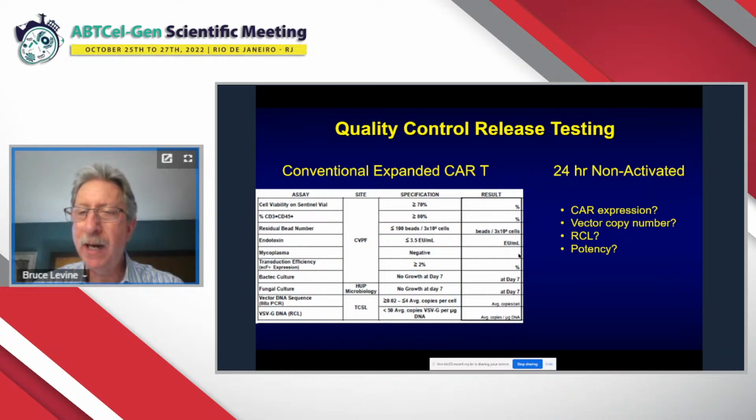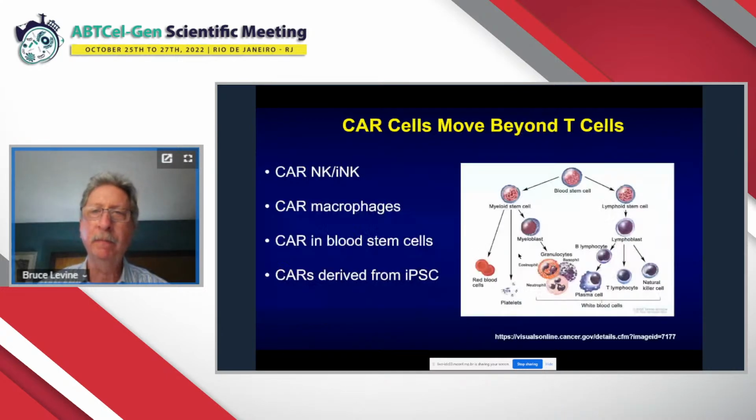How do you think about vector copy number? And how do you think about the assay for replication competent lentivirus? And perhaps most challenging, how do you think about a potency assay and what will the regulatory agencies accept? I think all of those are unknowns at this point.